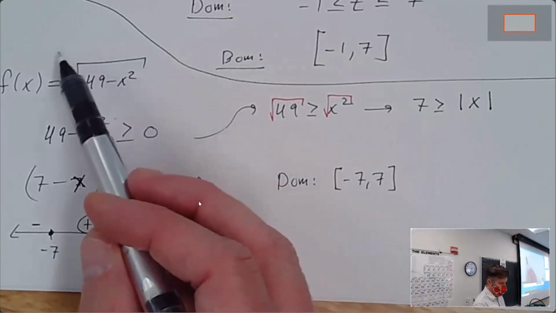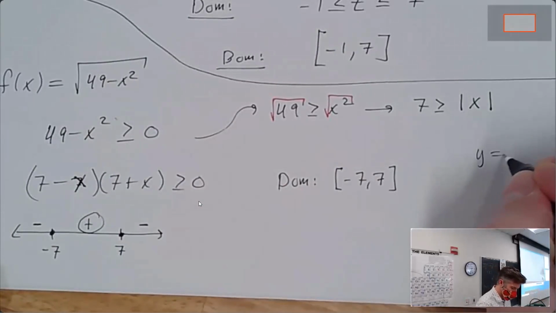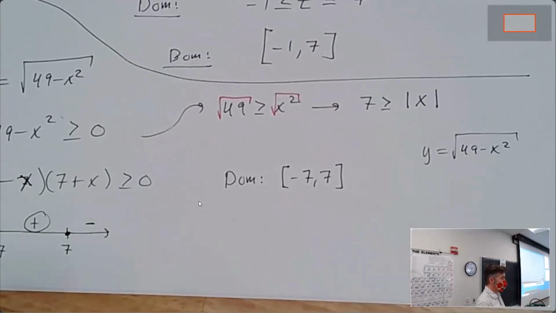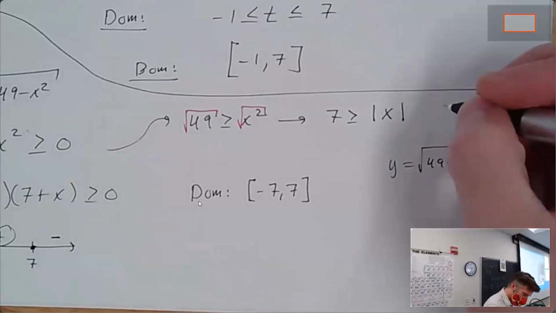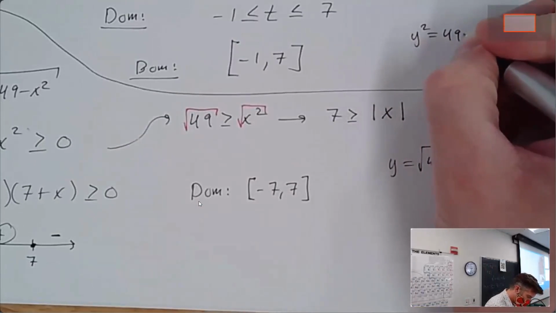What kind of shape is this function? y equal to the square root of 49 minus x squared. I should say it is a well-known shape. If we square both sides, you get this.